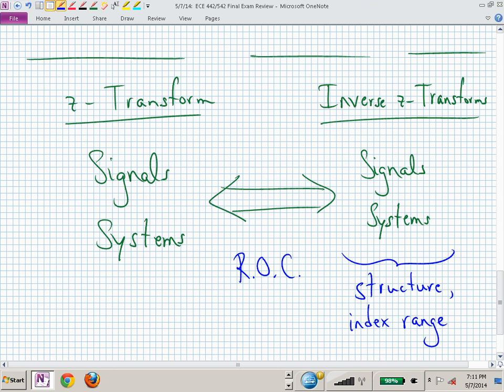In general, if you have a region of convergence that's beyond all of your poles and goes off to infinity, what's the time index range that you're talking about? Now z equal to infinity belongs to your region of convergence.